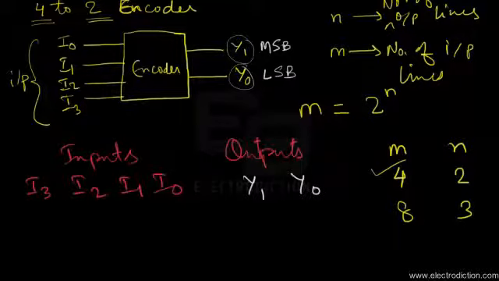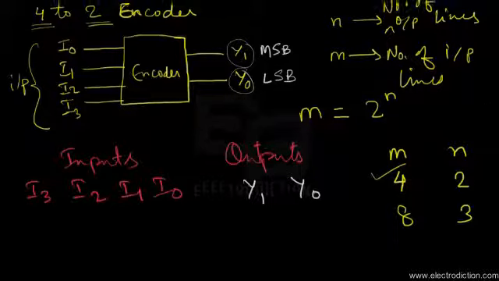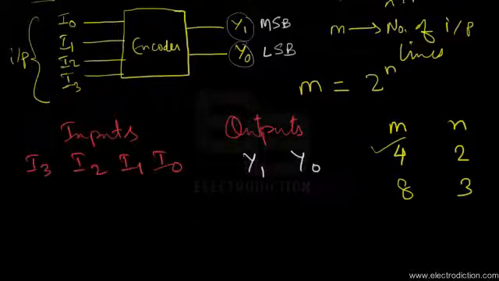Now, let's select any input line out of the 4 input lines present on the encoder. Let's say I select line I0.